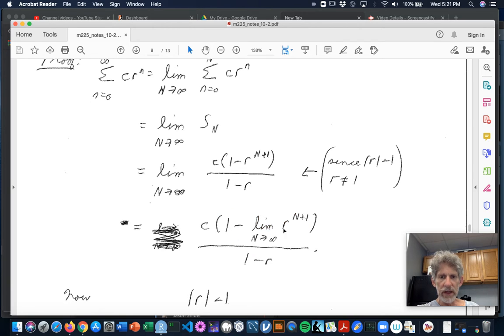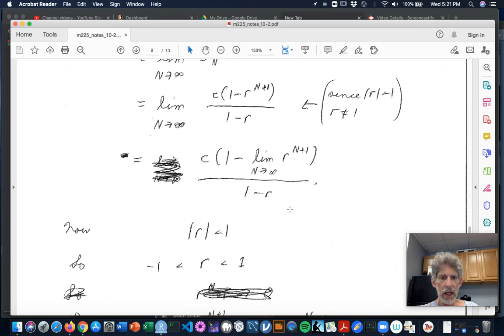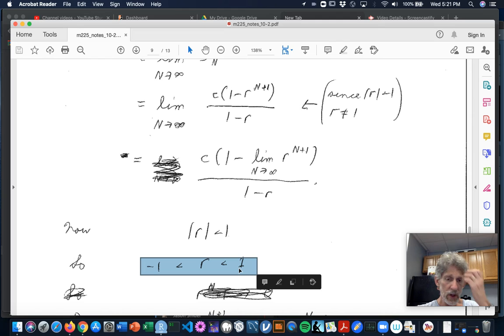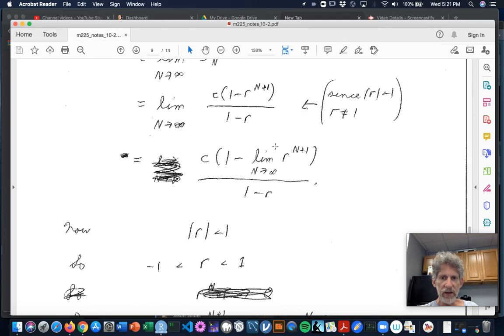So we're down to thinking of what is the limit of r to the capital N plus 1 as capital N goes to infinity. Well, remember that we're assuming that the absolute value of r is less than 1. That is, we're assuming that r is between minus 1 and 1. And here we are raising a number between minus 1 and 1 to bigger and bigger powers.